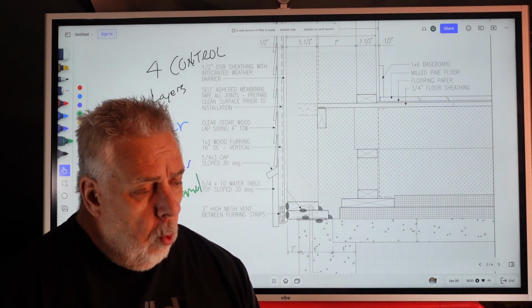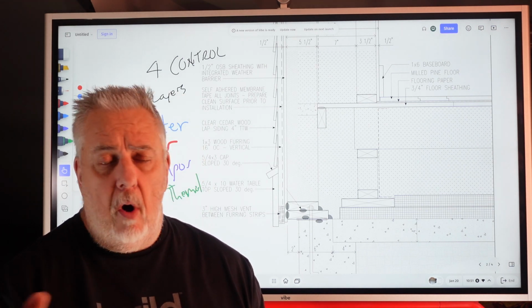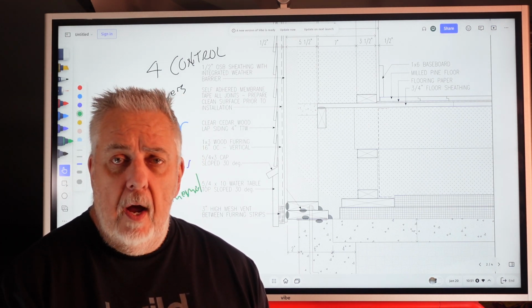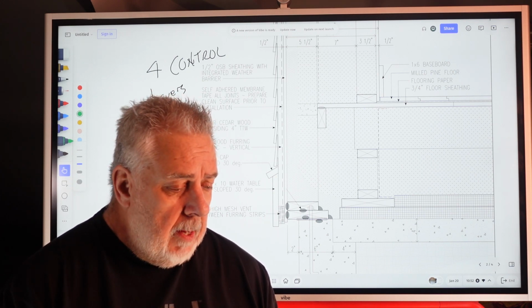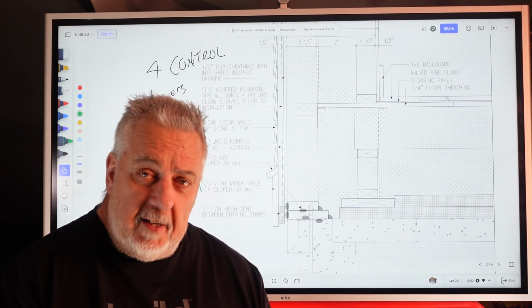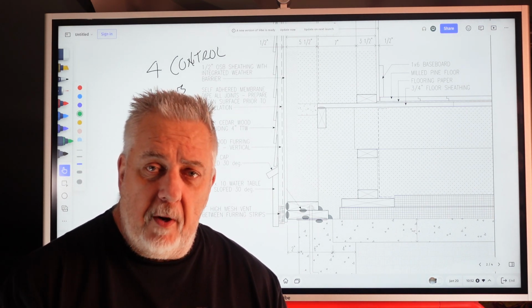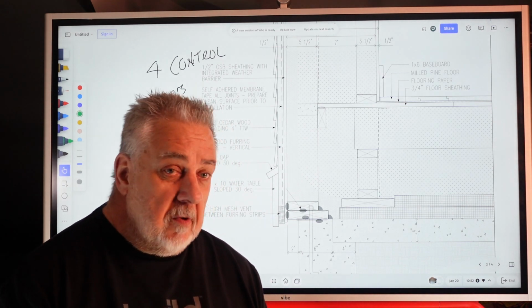So no matter what house I'm designing, whatever detail, whatever part of the house, those 4 control layers play a role in it. Now, we're going to get into the detail, but I'm going to give you a little bit of a quiz and see if you can guess right.